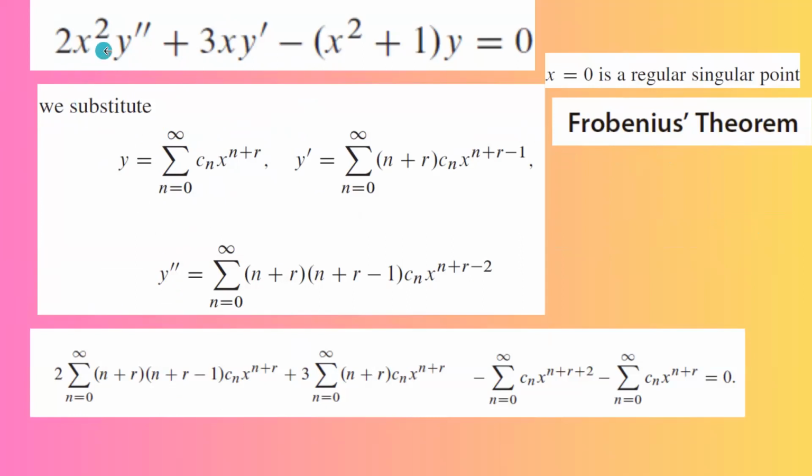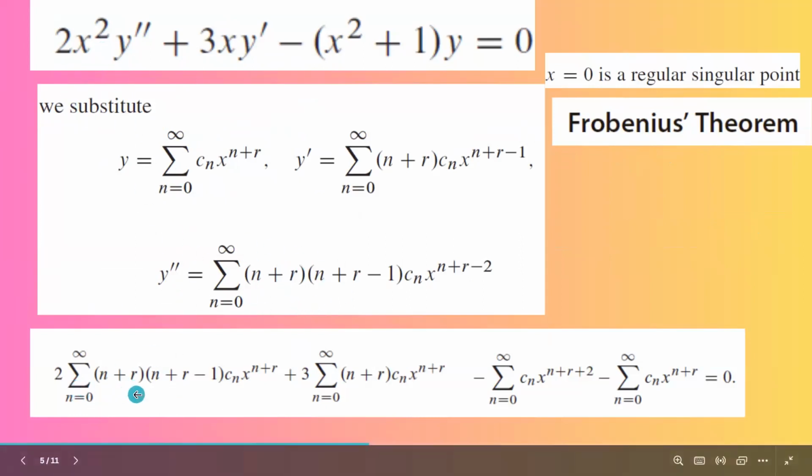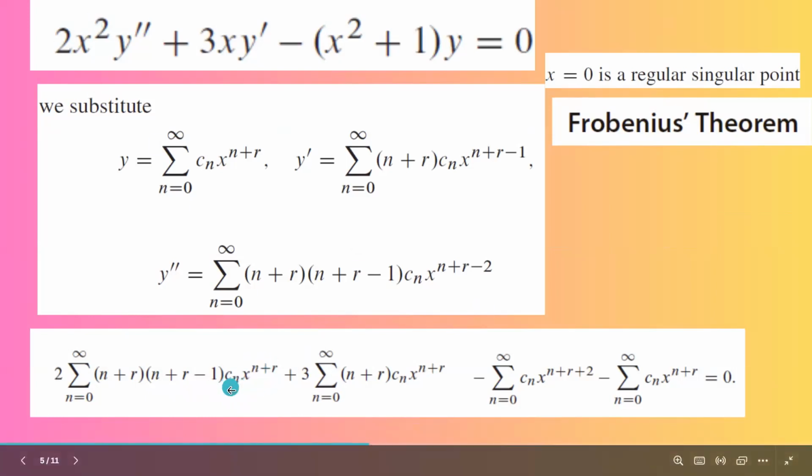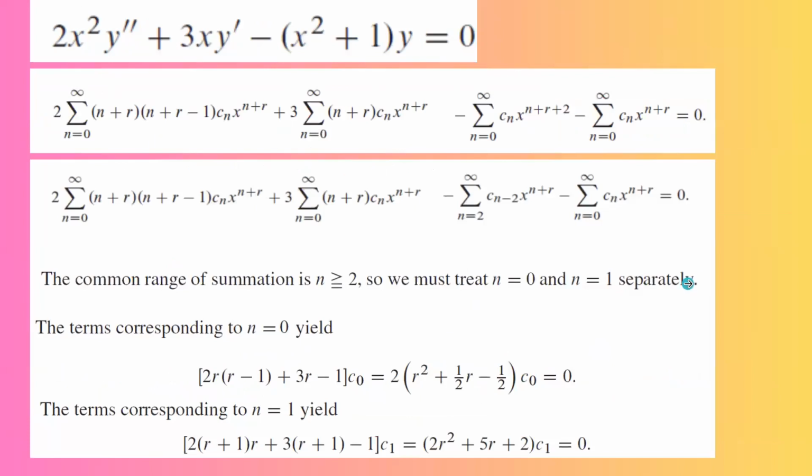You get 2x squared times this power series, which is (n plus r)(n plus r minus 1) c sub n x to the power n plus r minus 2. But note that we have x squared here, so the 2 and negative 2 get cancelled out. The same for the rest of these power series. Now let's try to combine this together.